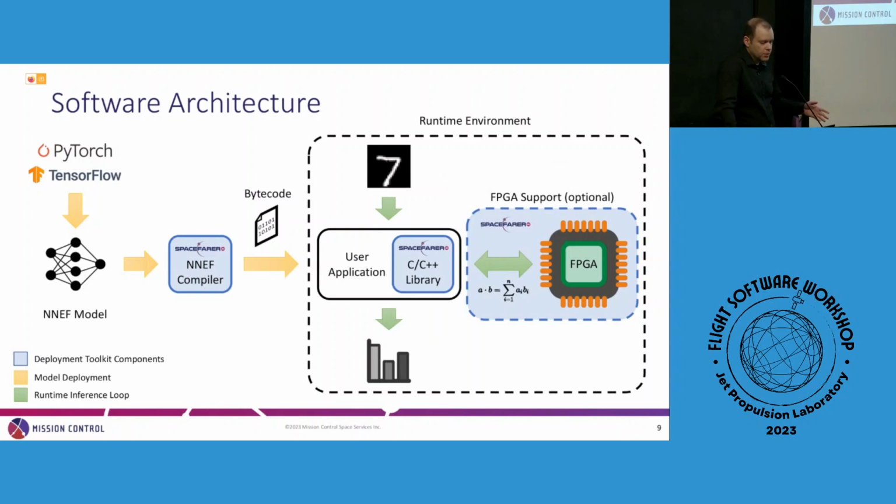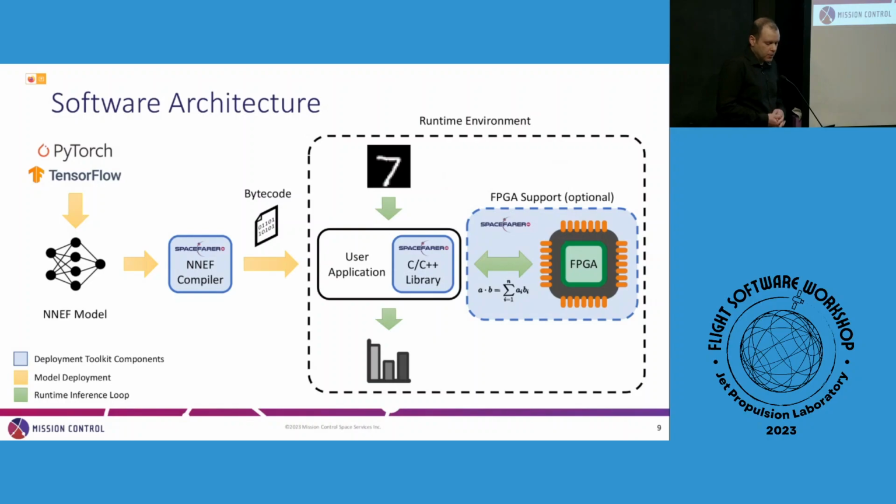For example, from PyTorch, you can generate an NNEF model, from pretty much any framework. After you have the NNEF model, which I'm going to do later in this presentation, we use the first element of our toolkit, which is the NNEF compiler. The NNEF model is very high level.